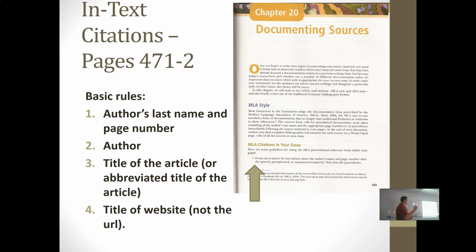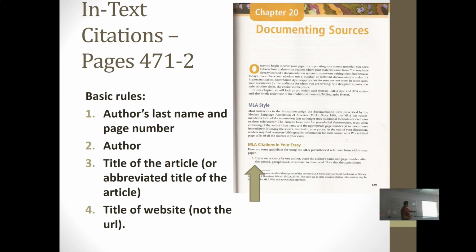So every sentence that comes from a source if you're paraphrasing, and then on the works cited page. I know some people think that you just need to cite at the end of the paragraph, but that's not sufficient because the reader cannot tell the difference between your ideas and the ideas that come from the sources if you don't cite every sentence. Now, if you're quoting, you just need to cite at the end of the quote.